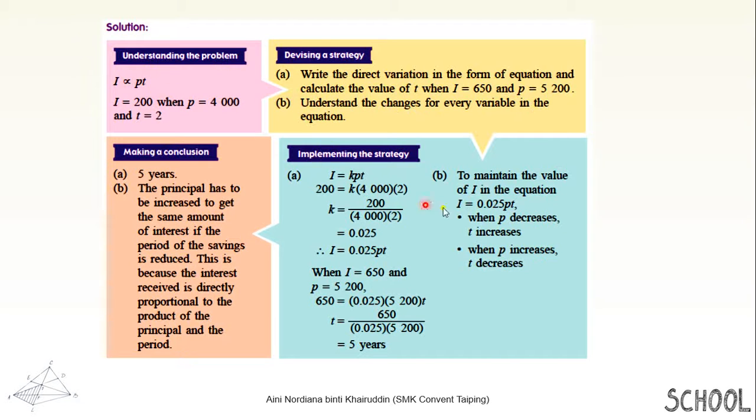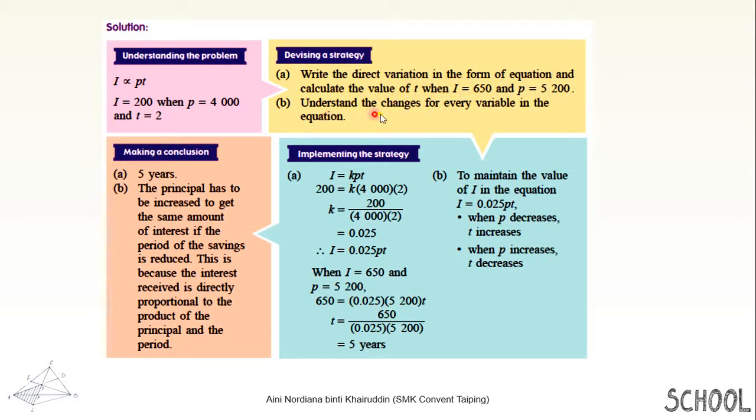The first step, you have to understand the problem. The question mentions that I varies directly as the principal and the time, the number of years. So I is given as 200, P the principal is 4,000, and T is 2 years. Devising a strategy: write the direct variation in the form of an equation and calculate the value of T when I is 650 and P is 5,200.